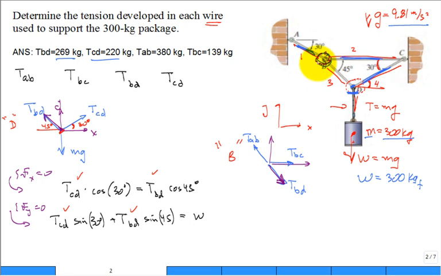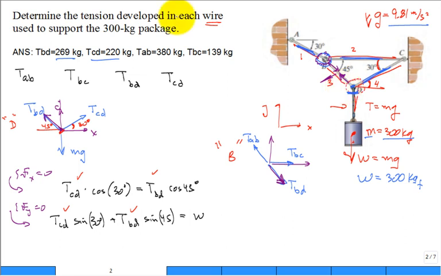And things that are in tension are going to be pulling away from the interior. They're going to be pulling away from ring B. And so it's going to be pulling down. The tension in this cable is going to be pulling down from ring B, but for ring D, it's going to be pulling up. Just think about it a little bit.